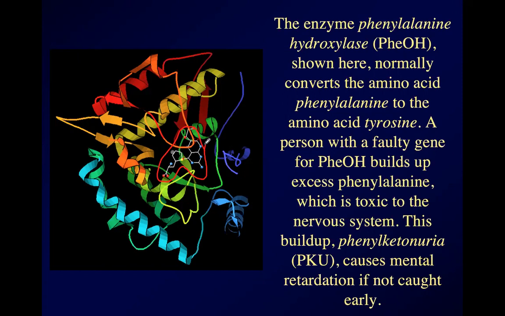A person who can't make the enzyme with the right shape, excess phenylalanine will build up in the body, and the body will try to excrete it, but it can't get it all, and that excess phenylalanine starts getting toxic to the nervous system. That buildup of phenylalanine is called PKU, or phenylketonuria, and if it's not caught early, it will cause developmental delays. It'll damage that developing brain.